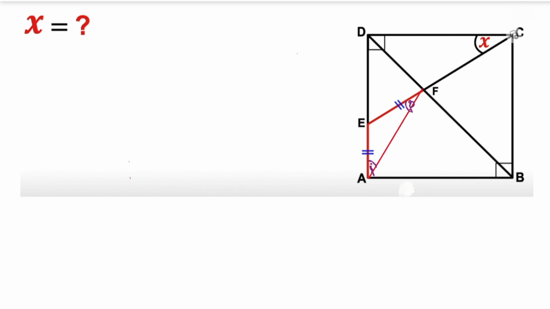If you have a triangle with interior angles A and B, and the exterior angle is C, the rule says that the exterior angle of a triangle is equal to the sum of the two opposite interior angles.